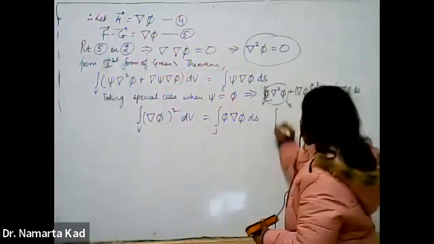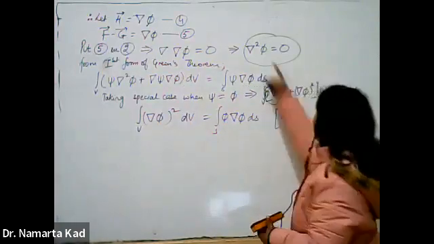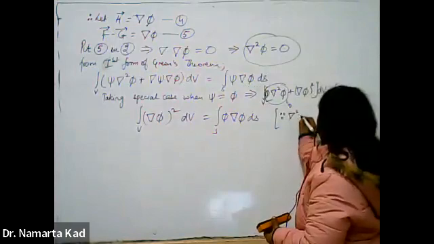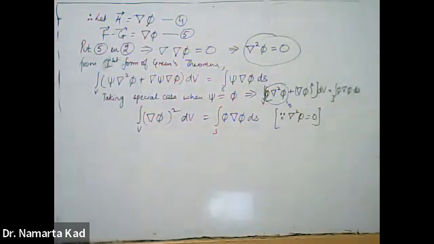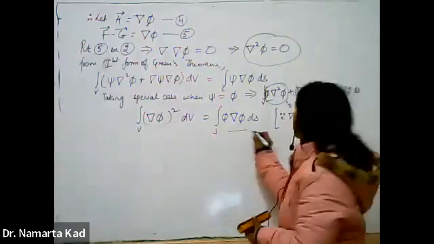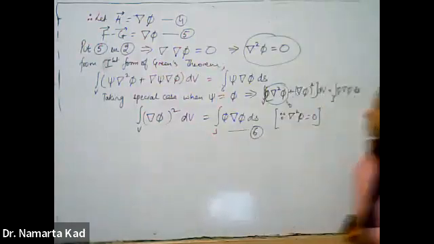What is the reason? Because del square phi is equal to 0. This is the reason for this equation. Mark it as equation number 6.